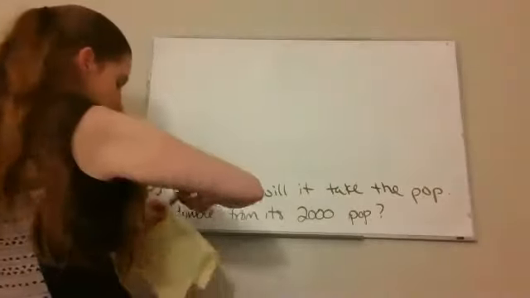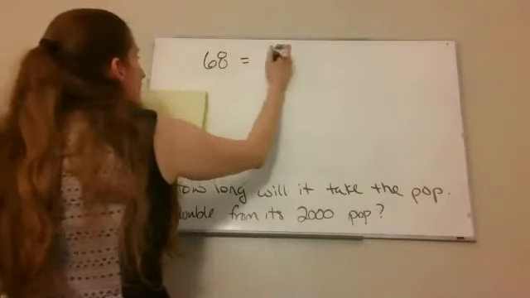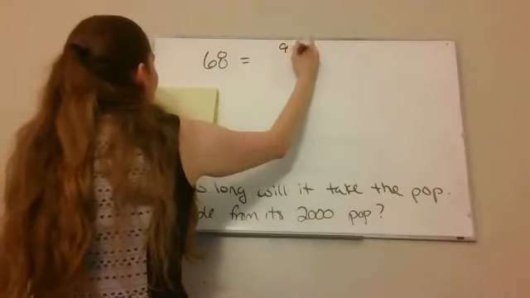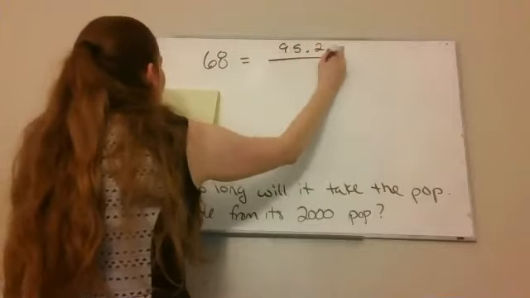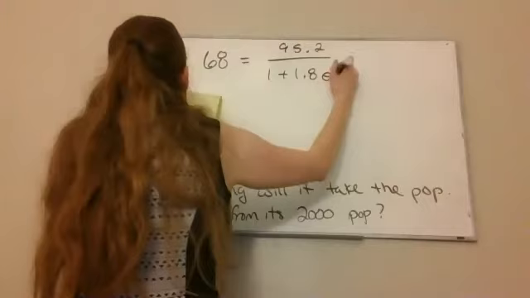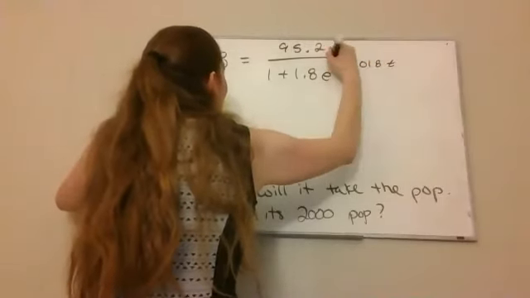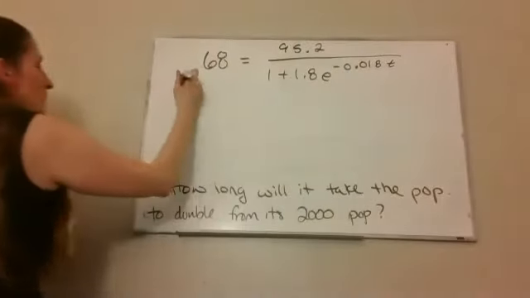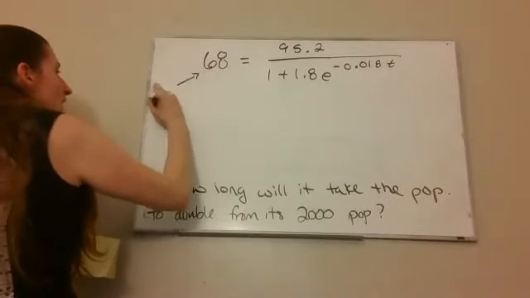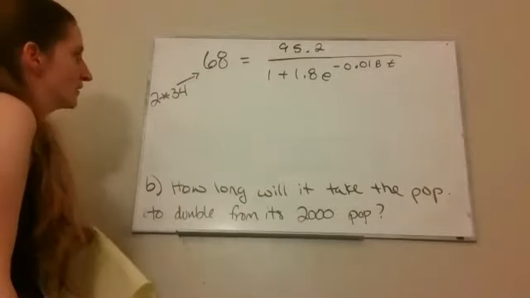So I would get 68 for the left-hand side equals 95.2 over 1 plus 1.8 e to the negative 0.018 t. So just a note, if you need it, that 68 is double my population of 34.